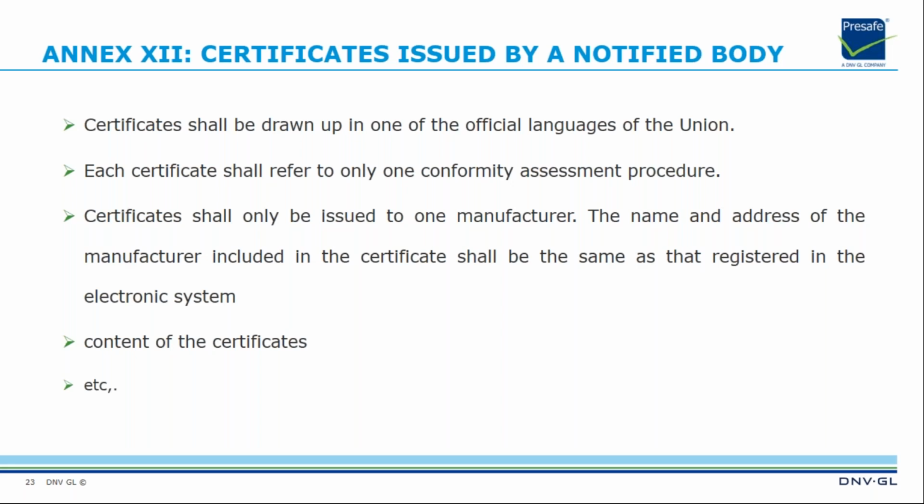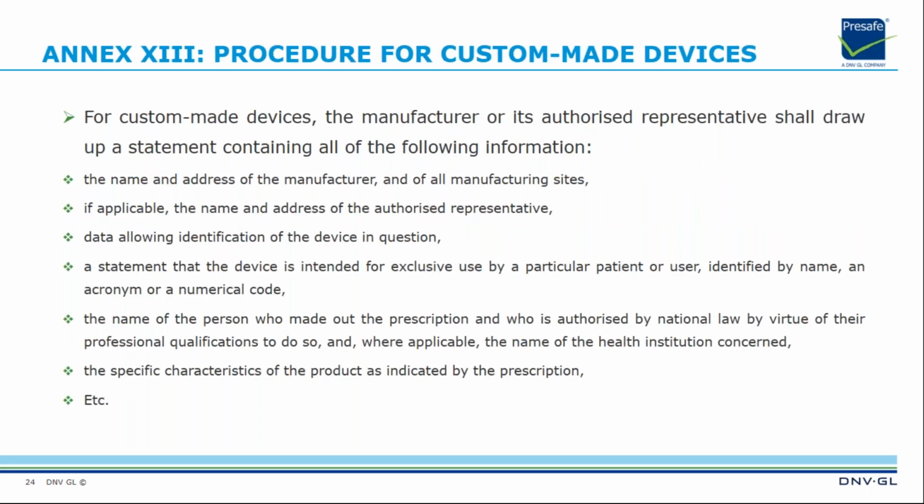Certificates shall only be issued to one manufacturer. The name and address of the manufacturer included in the certificate shall be the same as that registered in the electronic system. And the contents of the certificates must include expiry date, date of issue, signature, which are required for the notified body to follow.